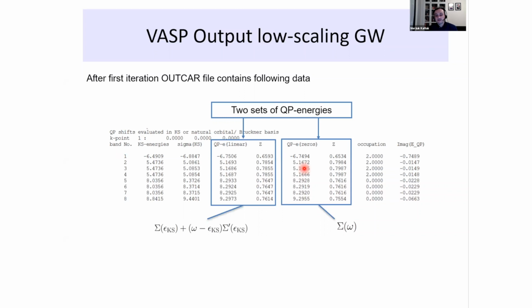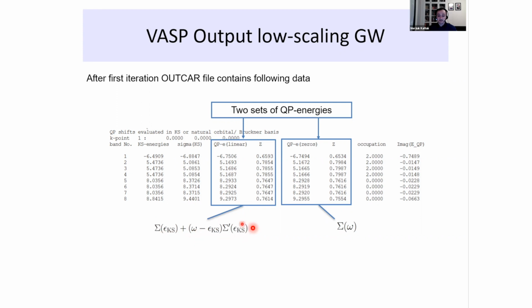Okay, now after a successful run, the outcome will have more data than the previously discussed algorithms, and the output will look similar to this one. Again, we have the Kohn-Sham energies here in the second column. Now, however, there are two sets of quasi-particle energies printed. The first block corresponds to the energies obtained from the linearization of the self-energy around the Kohn-Sham eigenvalues.